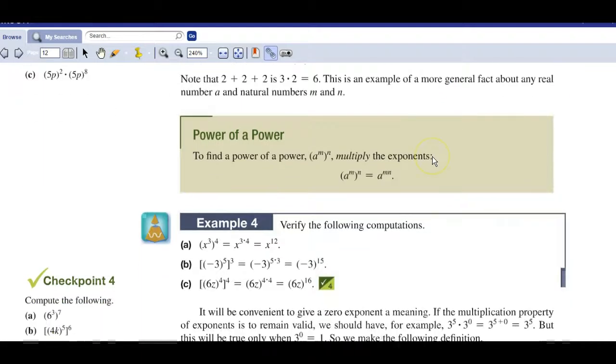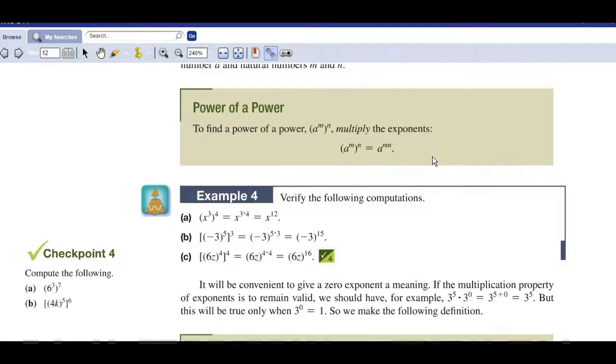Now, a modification of this is when we say power of a power. And let me show you an example of this.